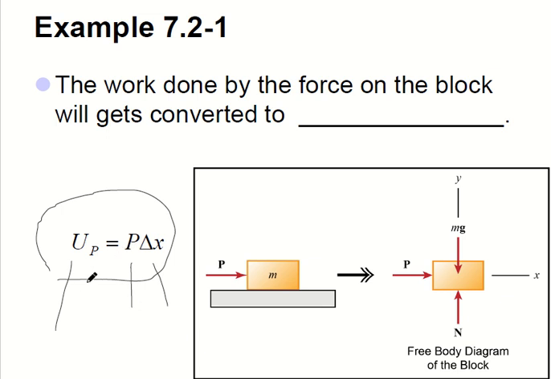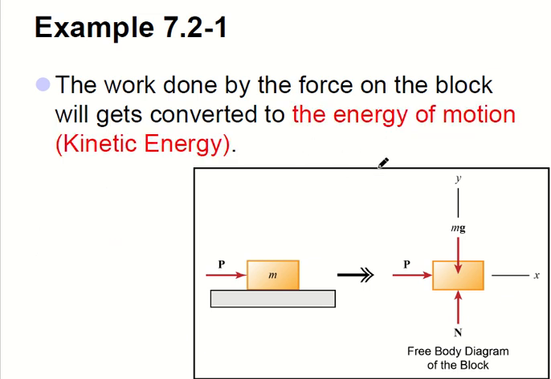Now that's the work done by the force on the block, and we're going to convert that to something. What it means physically is that the block moves from this point over the distance it took, from the force.